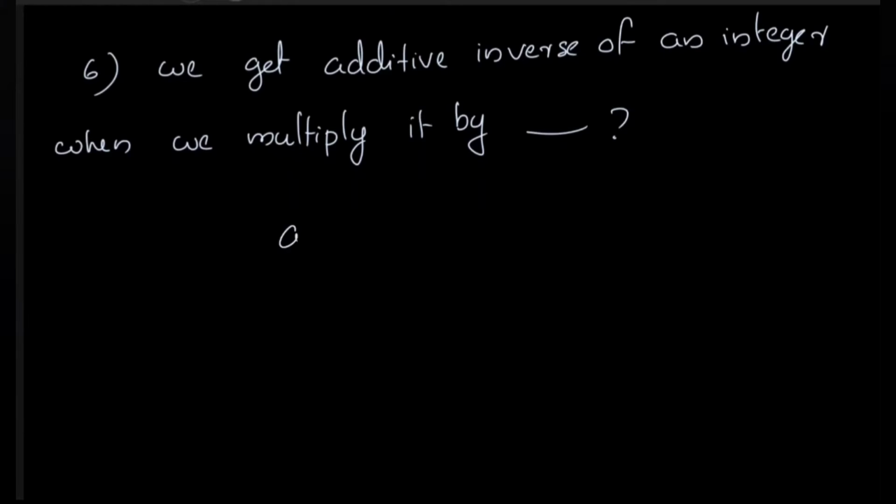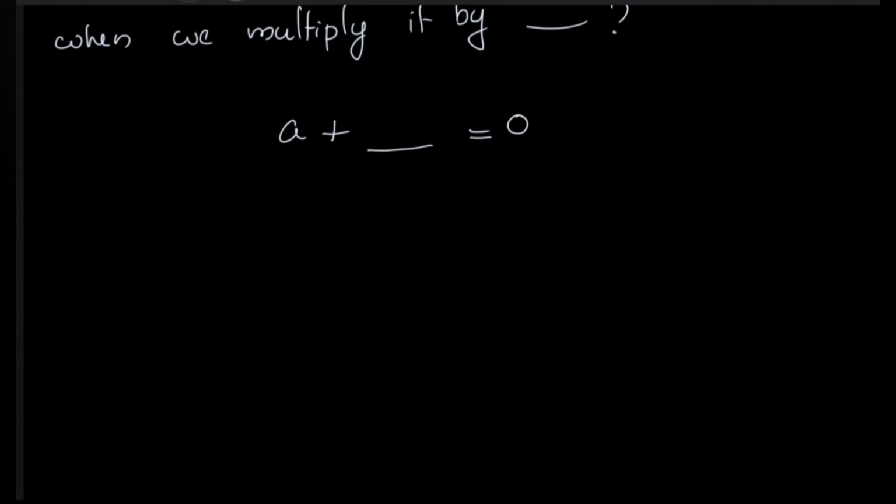Our given integer is a. That a is added with its additive inverse gives 0 as the answer. For that, a is added with negative a, and then only we get the answer as 0. This negative a is the additive inverse of a. So to get the additive inverse, to get negative a, we have to multiply our given integer with negative 1. Then only we get the negative sign.